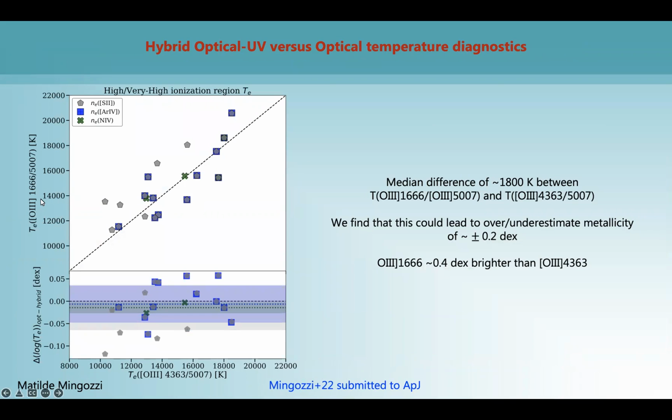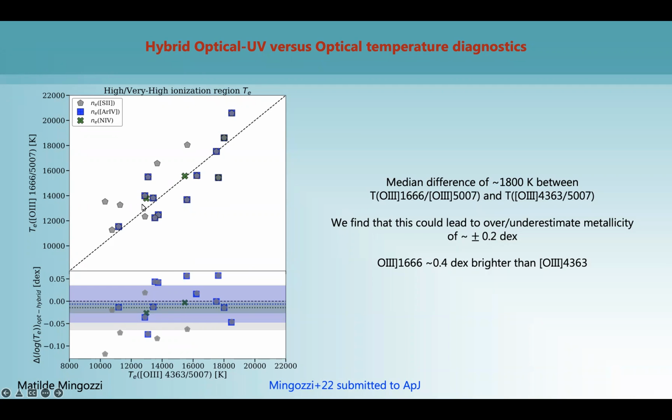Concerning the temperatures, instead, in the UV there is this oxygen line at 1666 that is a temperature tracer, similarly to the auroral line in the optical at 4363. Usually in the optical, to measure the temperature, you use the line ratio between the 4363 and the nebular emission line at 5007 angstrom. So we wanted to test if the hybrid line ratio combining the UV at 1666 angstrom and the optical line gave a consistent measure of the temperature.